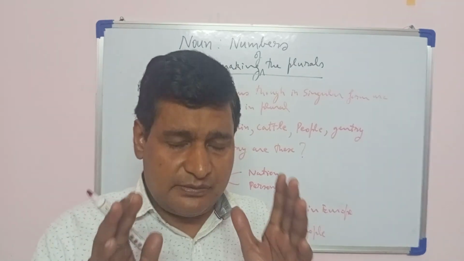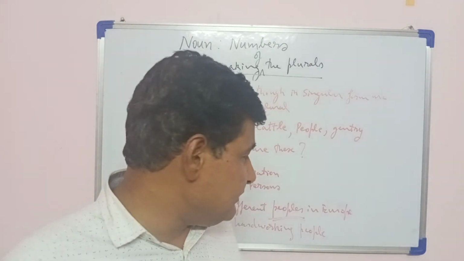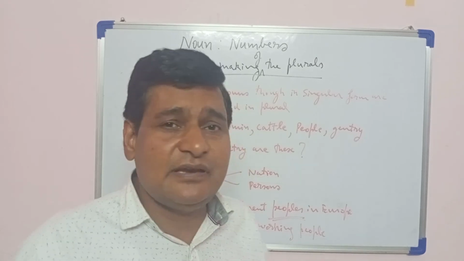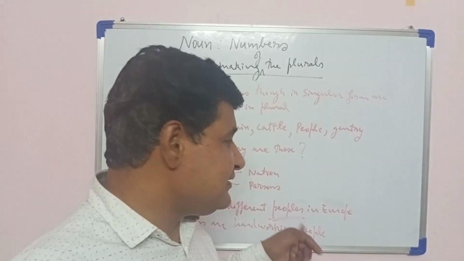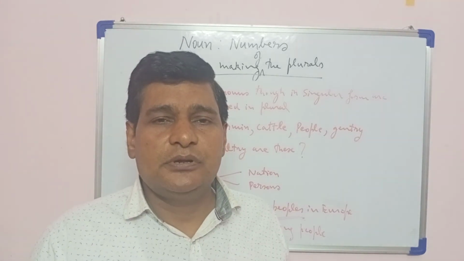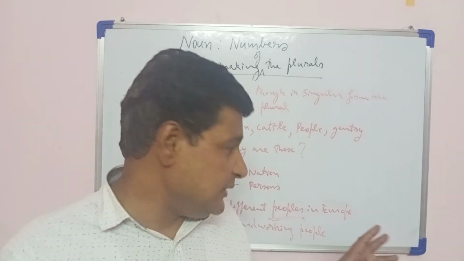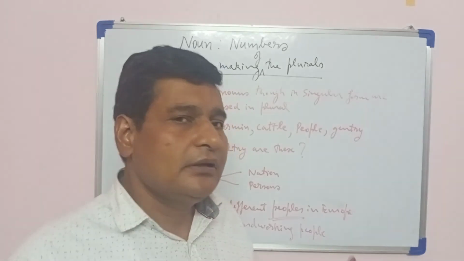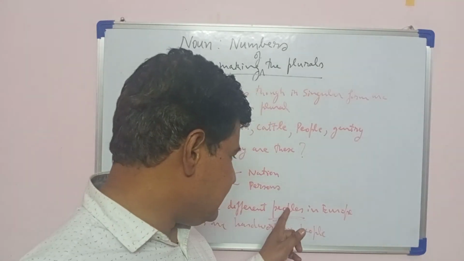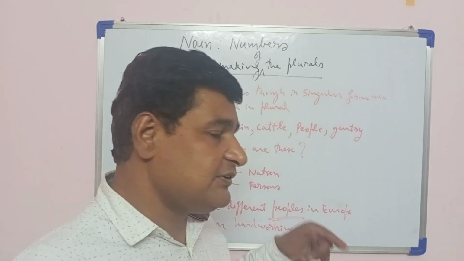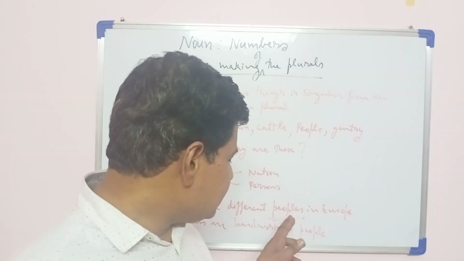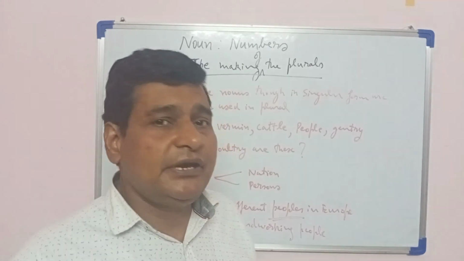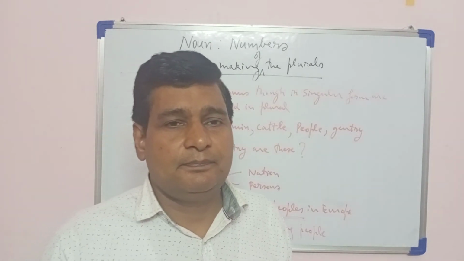So you should simply keep in mind that people means persons and peoples means nations, although people means nation also. In singular form, if you are using people, generally peoples refers to the nations and people refers to the persons. But in English, people may also mean nation in singular form. Okay.